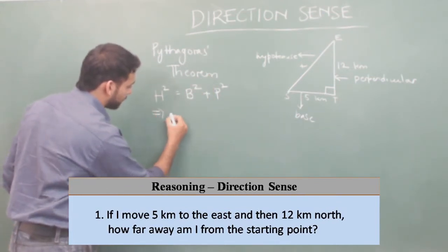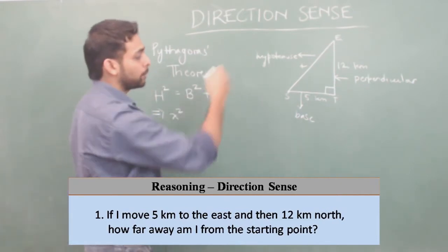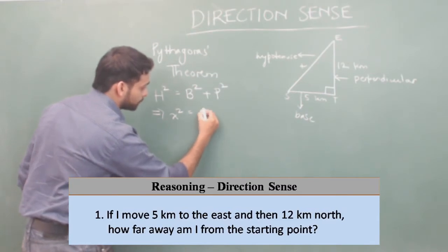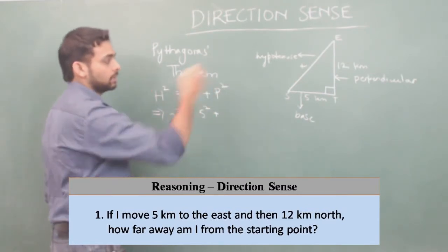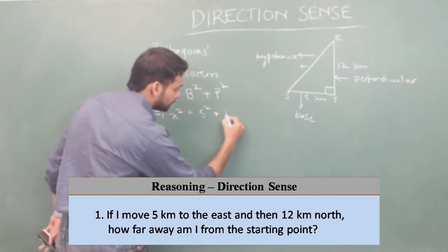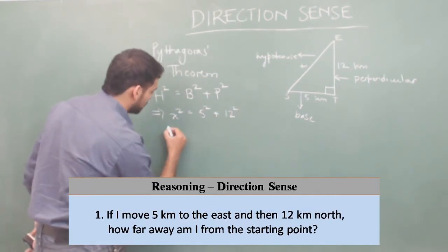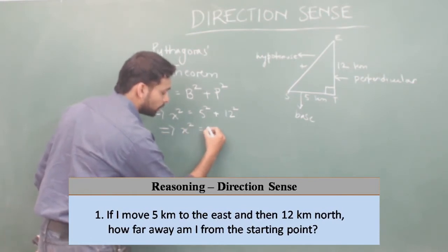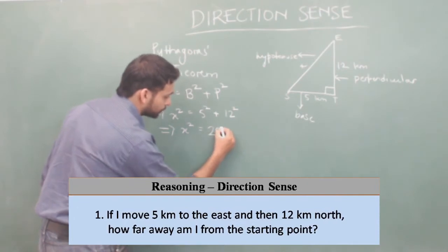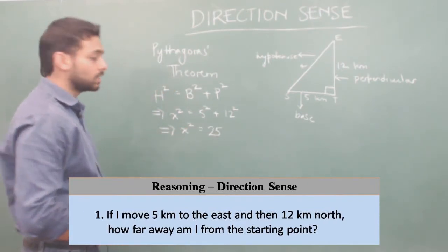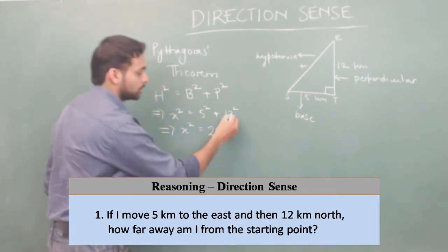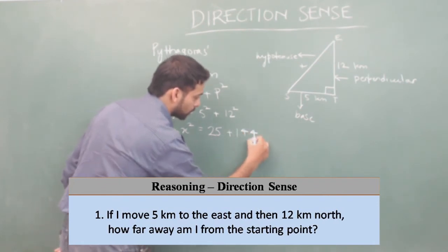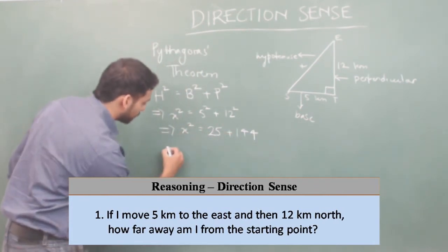So this implies that x square, my hypotenuse square, will be, my base is 5 kilometers, so 5 square plus my perpendicular is 12 kilometers plus 12 square. So this implies that hypotenuse square is equal to 5 square is 25, 5 into 5 will give me 25 plus 12 square, 12 into 12, which will give me 144. I'll proceed.